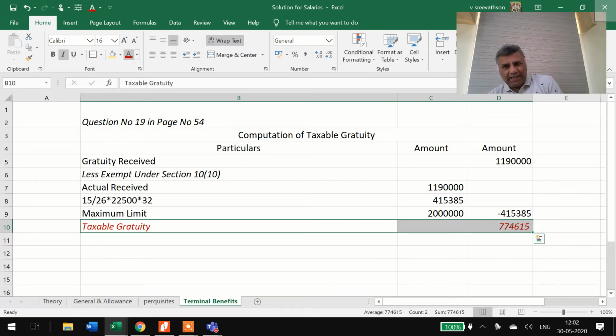So the second condition is 15 by 26 into 22,500 into 32 years of complete. Any doubts?